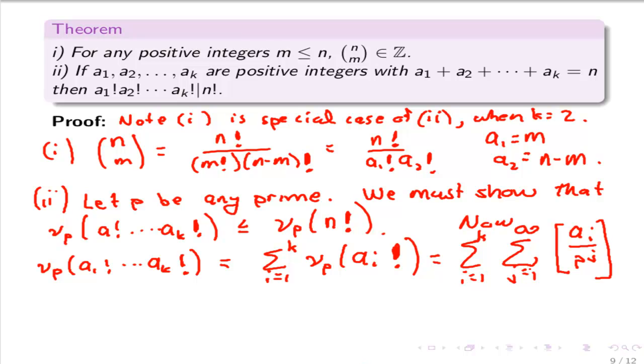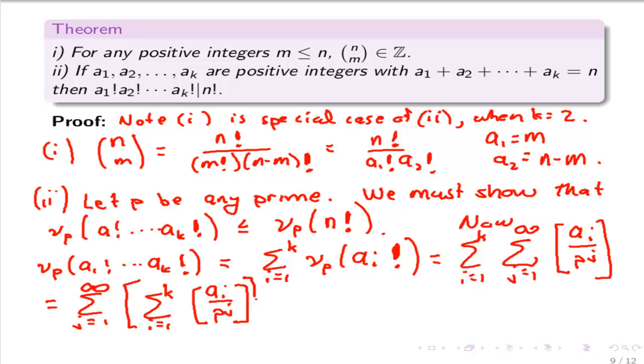And then remember, these are finite sums, and I can then switch the order of summation. The sum over j equals 1 to infinity, the sum over i equals 1 to k, of the bracket ai over p to the j. Aha.